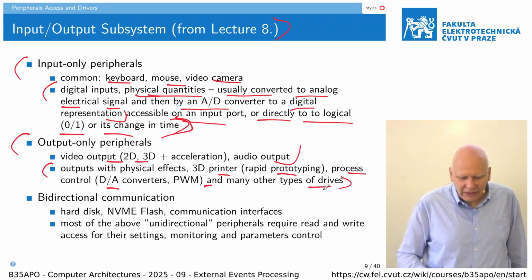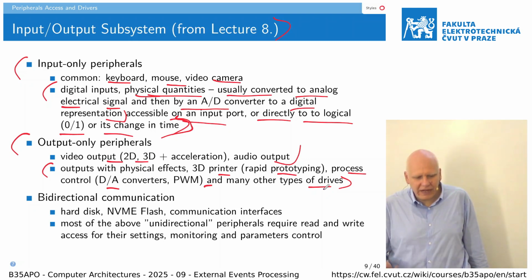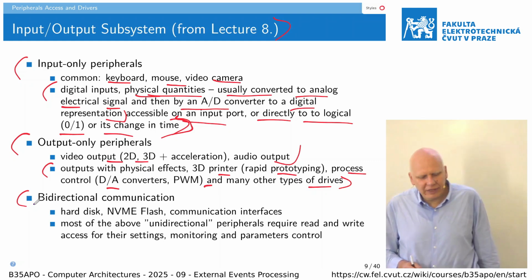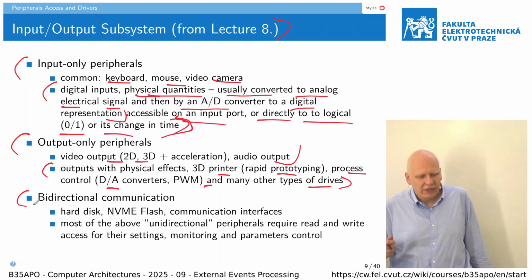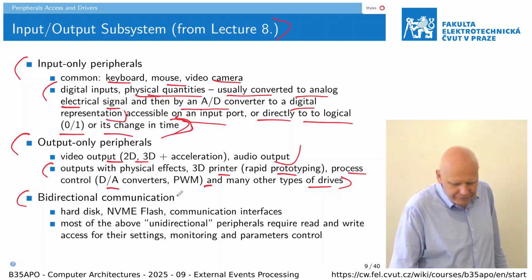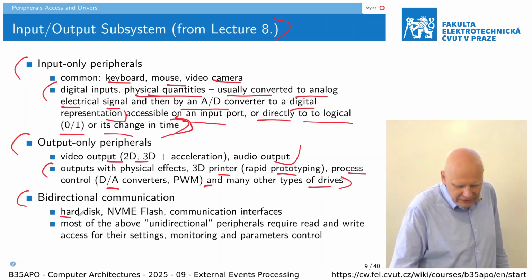So basically those can be the output peripherals, but today most of those peripherals are equipped with a channel for read and write in both directions. You can have, for example, a hard disk.